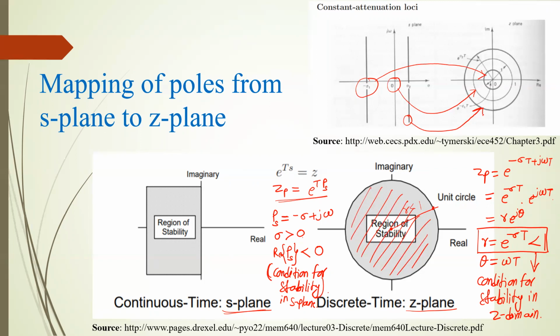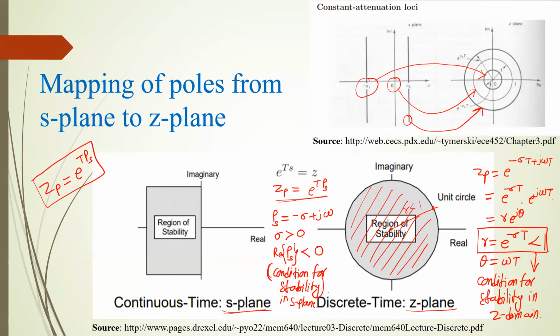Now, if you want to tune your PI controller, or place your pole in the Z plane at a particular frequency, you can use this expression, e^(T·Ps).